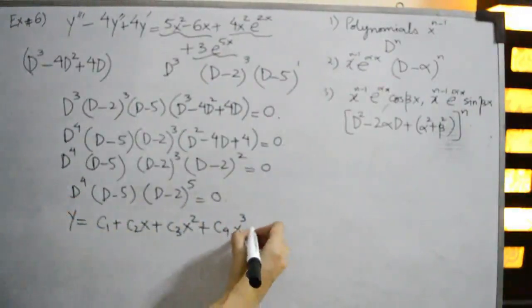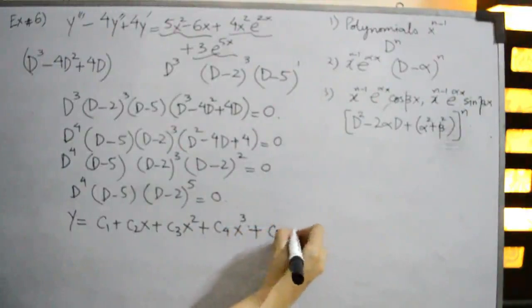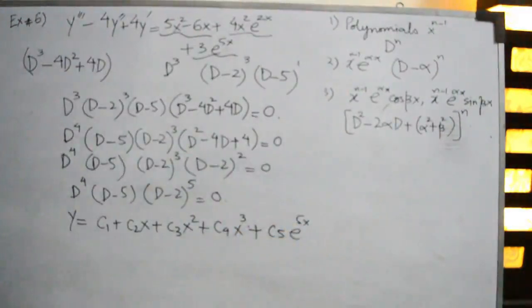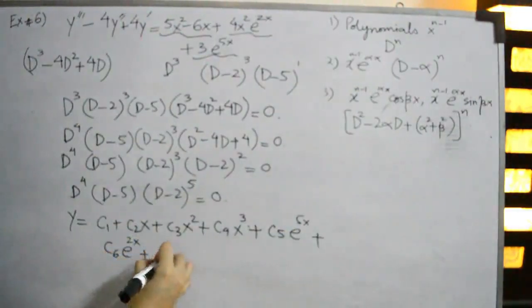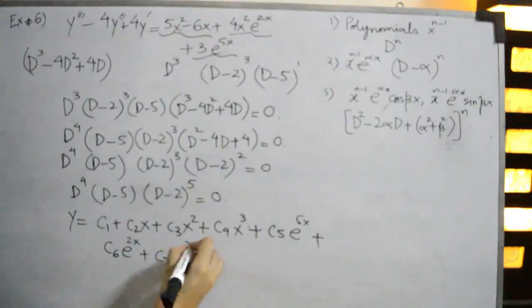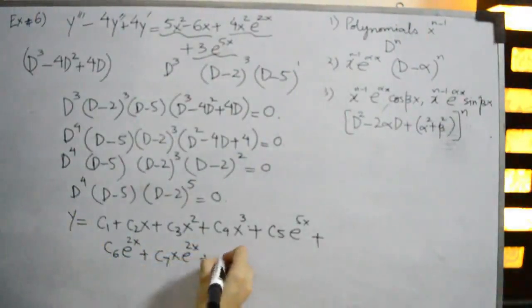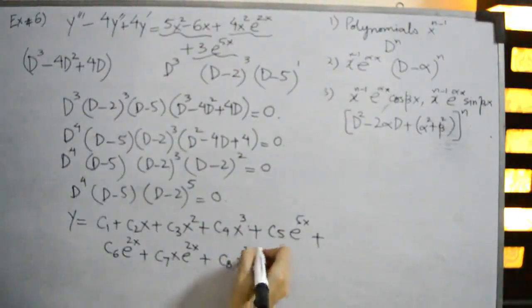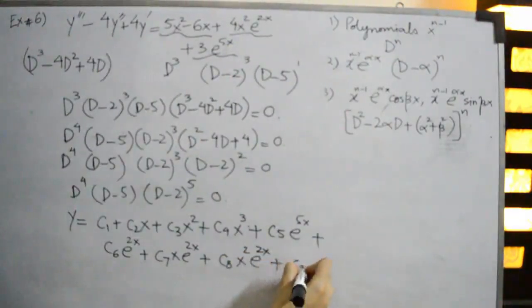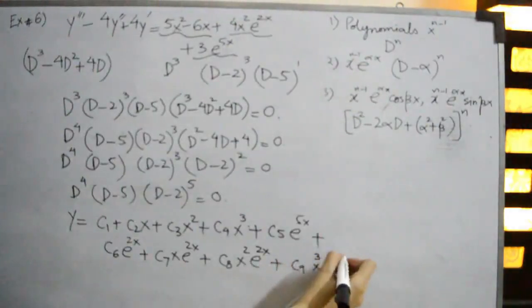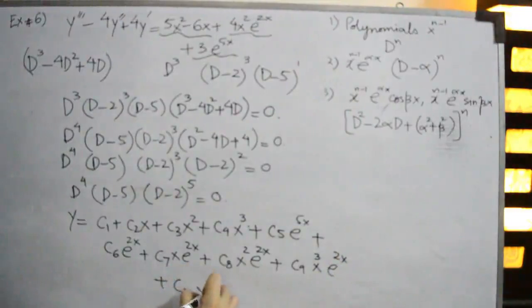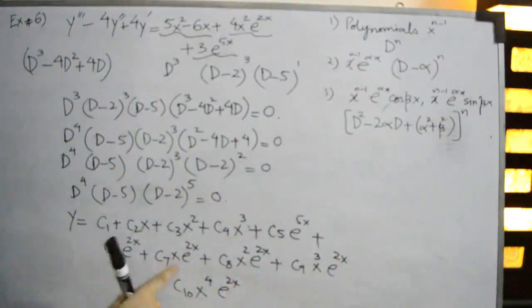For the next one, c5 e to the power 5x, and 5 times e to the power 2x: c6 e to the power 2x plus c7 x e to the power 2x plus c8 x square e to the power 2x plus c9 x cube e to the power 2x plus c10 x to the power 4 e to the power 2x. So that is the solution, the answer.